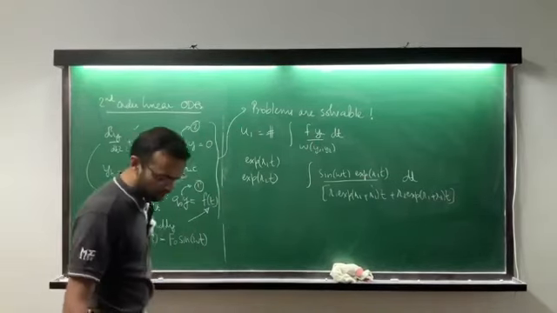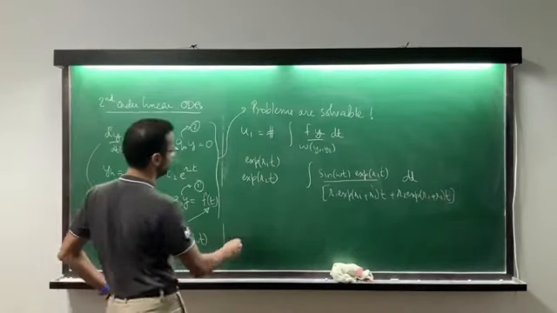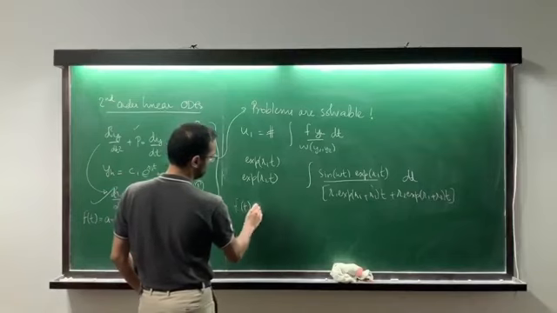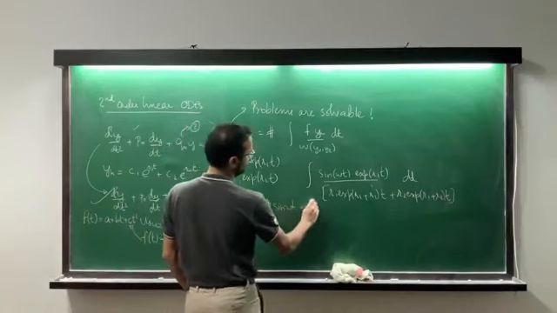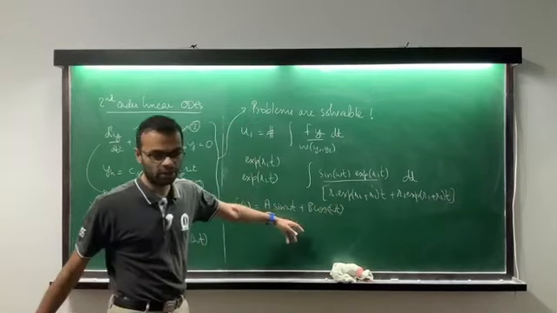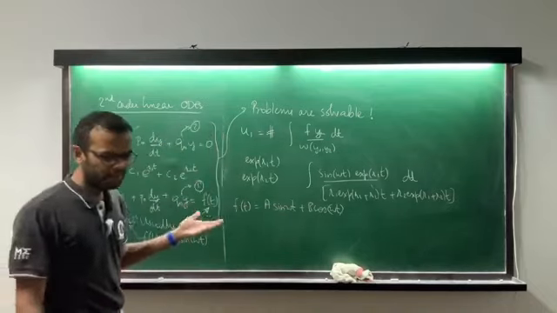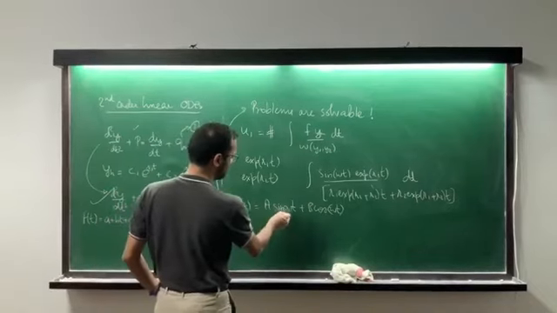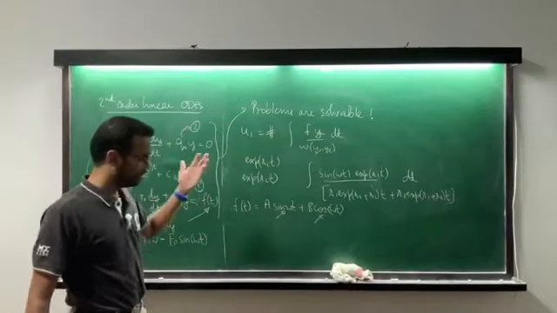In situations like this, you can just take recourse to a simple observation, which is that if f of t is of the form a sin omega t plus b cos omega t, it's a periodic function with frequency omega, then the derivatives are going to contain terms that have sines and cosines.